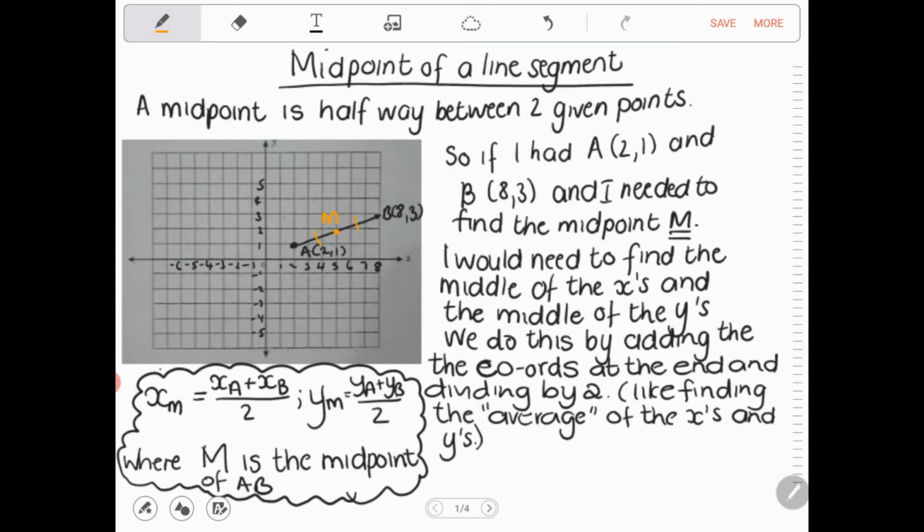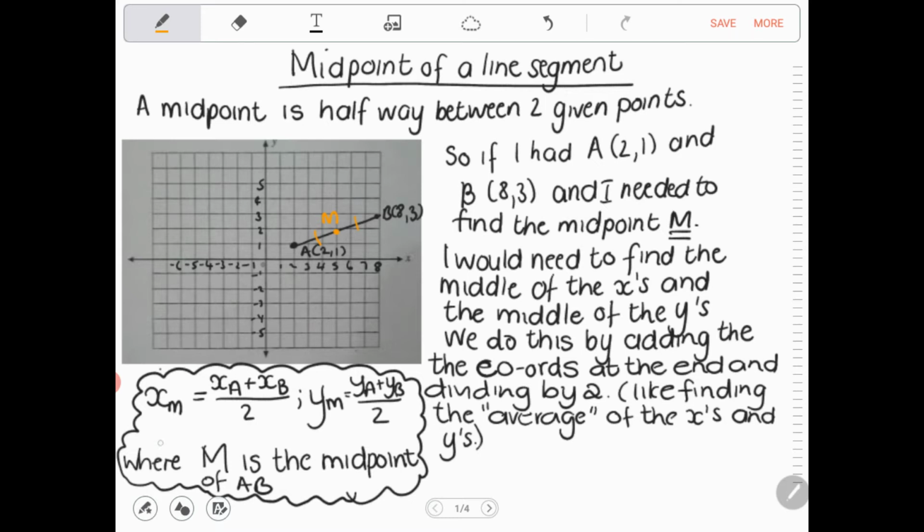Okay, so to find the midpoint, we need to obviously find the middle of the x's, because that would give you the x coordinate, and the middle of the y's, and that would give you the y coordinate of the midpoint. So it's like finding the average or the mean of the x's and the mean of the y's.